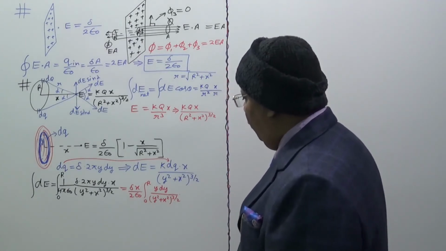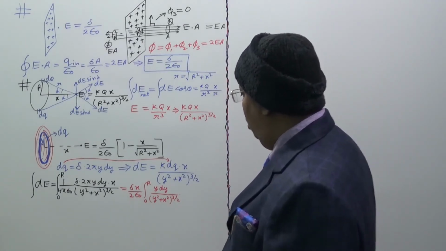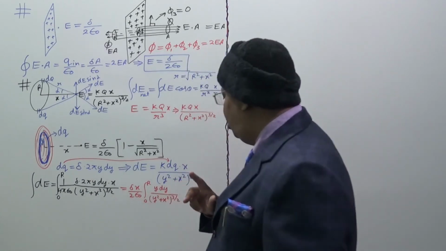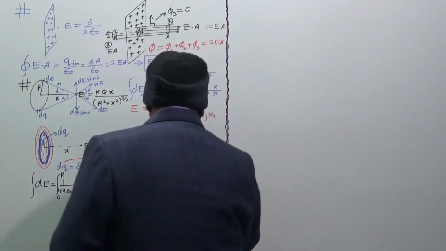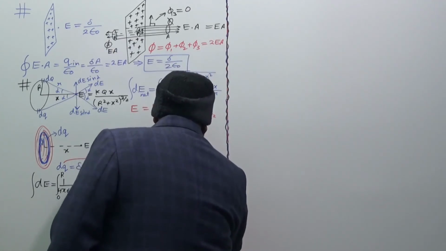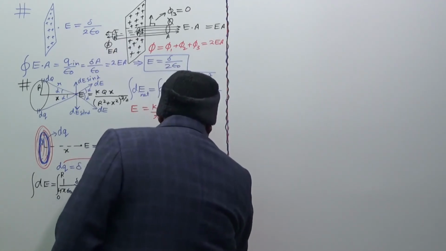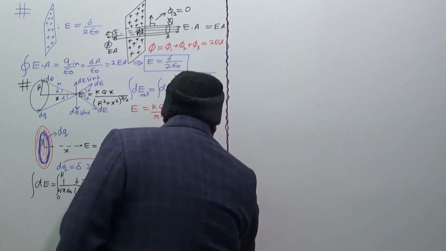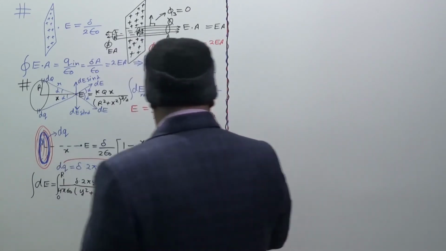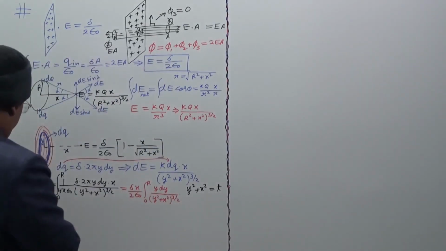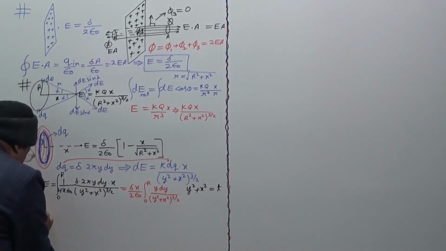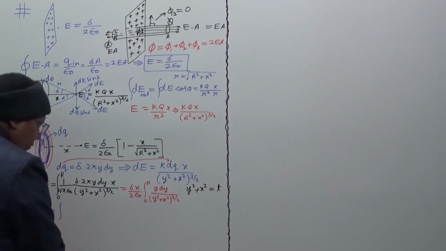Now, if you put y square plus x square as t, then you will get E net is equal to integral.